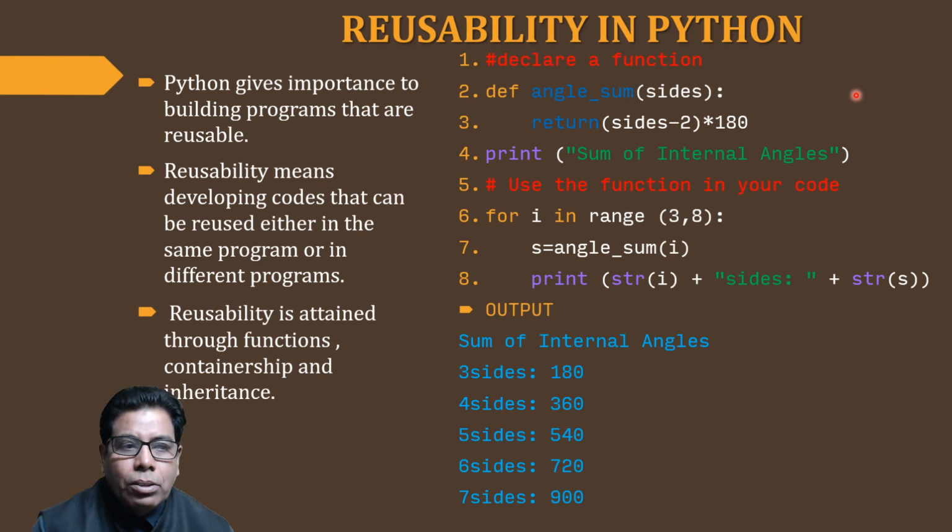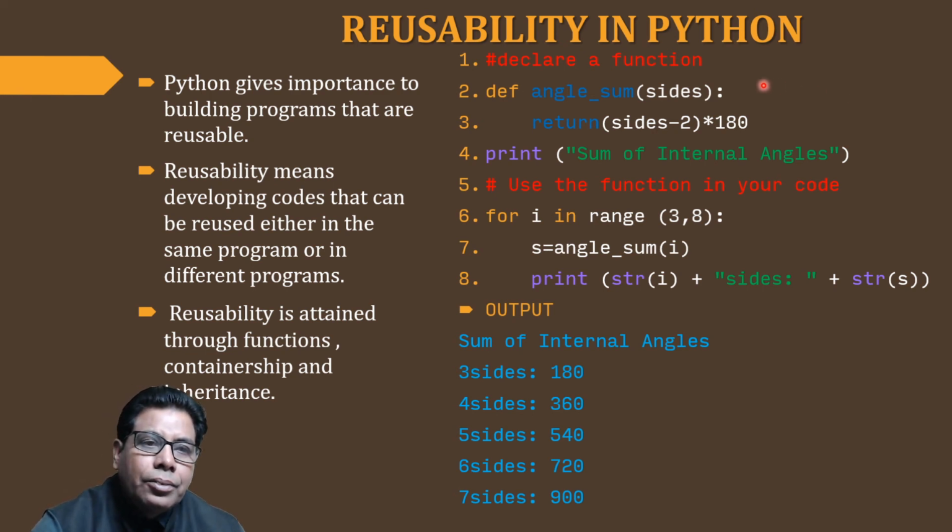And in Python, reusability can be attained through functions, then containership, as we have discussed just now, and inheritance. So these are the ways to attain reusability. Now in this example, we have shown how reusability is attained through a function.